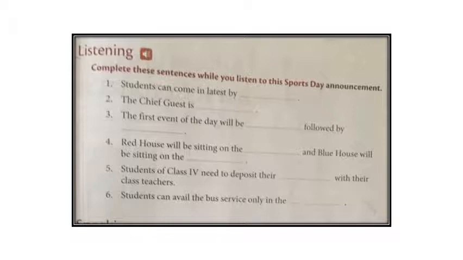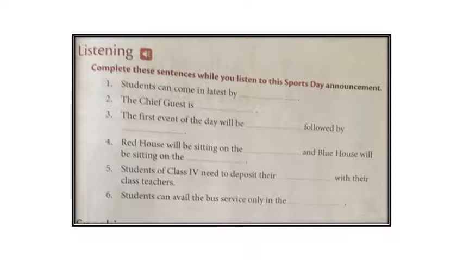Then there will be a drill display followed by the track and field events. All students will be sitting in their respective house pavilions. Red and green house will be sitting on the right hand side, while blue and yellow will be sitting on the left hand side. Prize distribution will take place after all the races are over. Students of class 3 to 5 need to deposit their drill items with their class teachers.